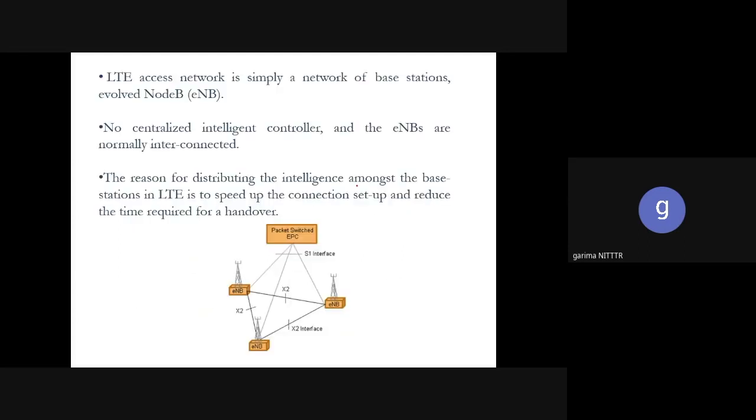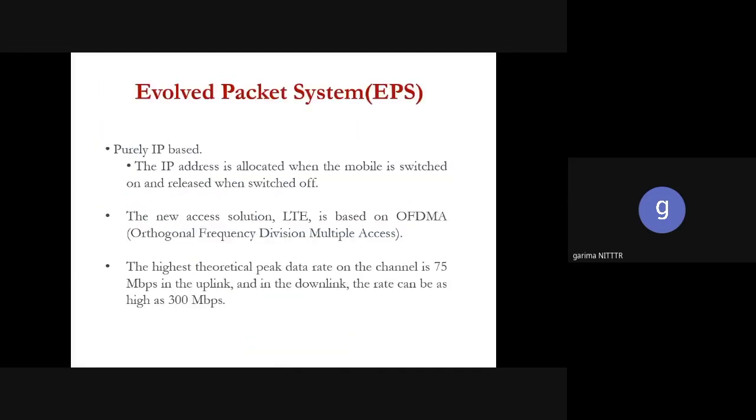That evolved packet system is designed as a purely IP based system, in which IP addresses are allocated whenever your mobile is switched on and released when it is switched off.